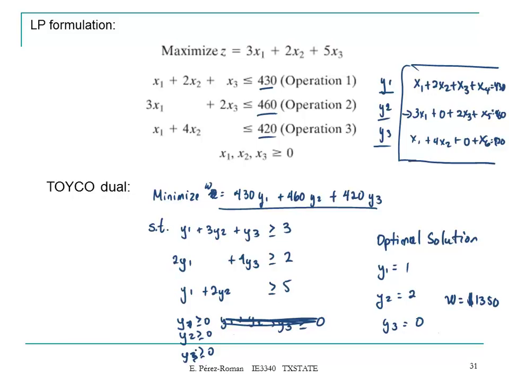Does anyone remember? We got these numbers at some point in the primal where we were looking at the sensitivity analysis. These numbers, 1 and 2, show up somehow. Do you remember what those numbers mean? Those were the dual prices.